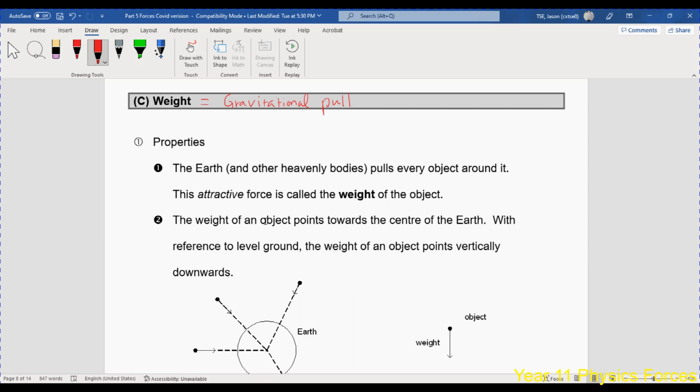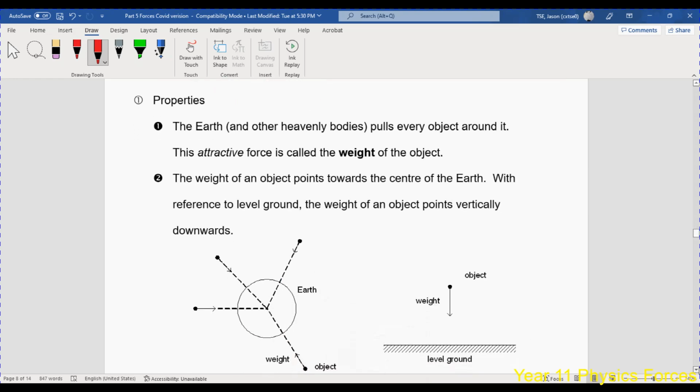That's why when we are talking about the gravitational pull on the Earth's surface, or the weight, it refers to the effects from the Earth rather than from other astronomical bodies.